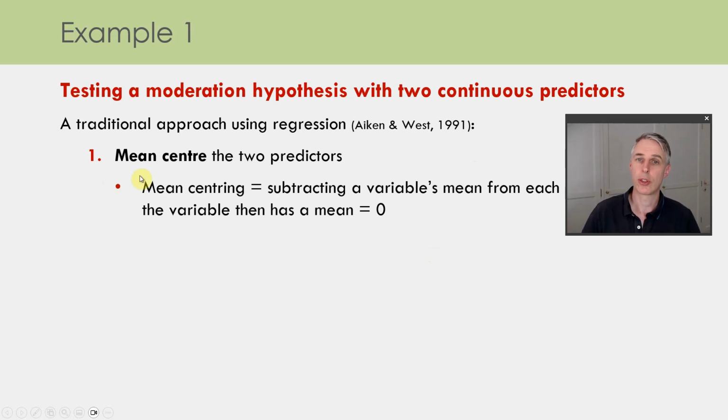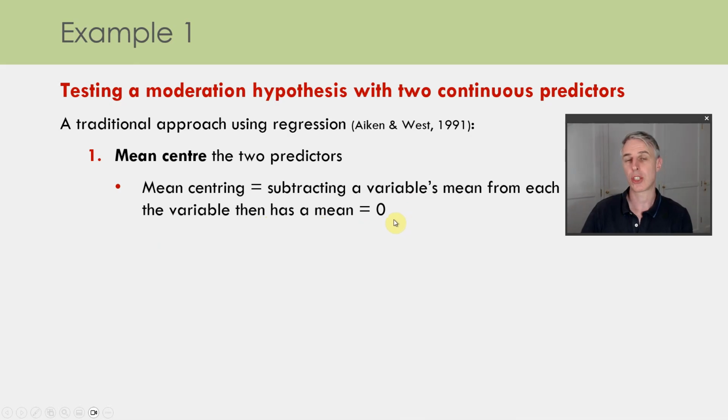Well, the first thing we need to do is take those two continuous predictors, those two measured variables, and mean center them. So mean centering a variable simply means finding out the mean of the variable, the mean score in the sample on that variable, and subtracting that value from each participant's score. What that means is that it basically pulls the mean value of the sample down to 0.